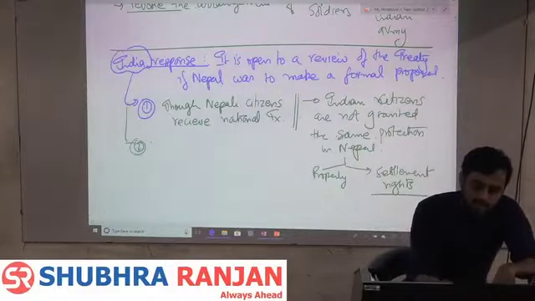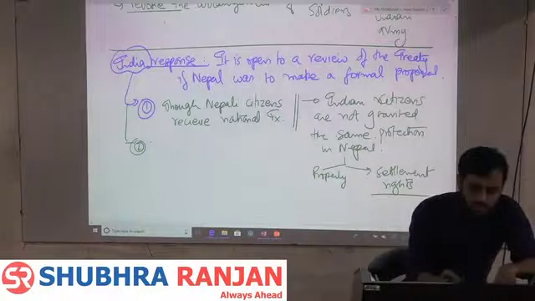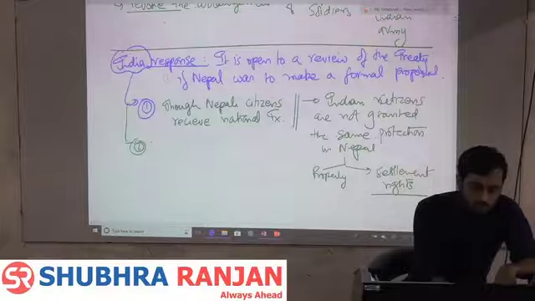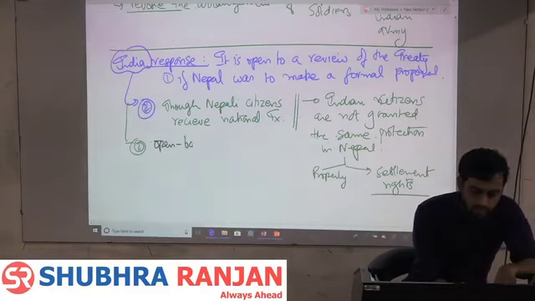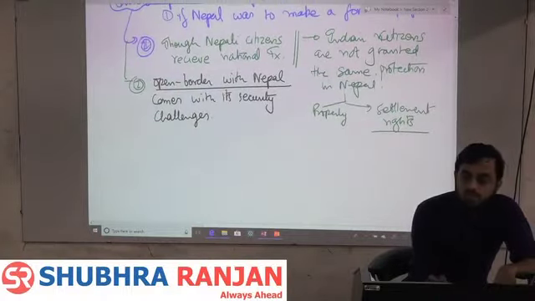Secondly, India has said that, so India's position has been that it is open to review and that it also has some unaddressed concerns. India's another concern, India has said that the open border with Nepal comes with its security challenges. And what are these security challenges?